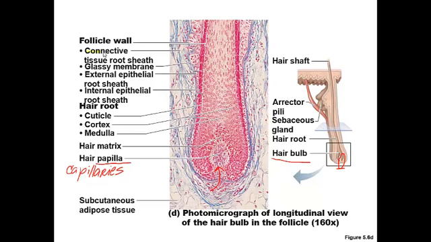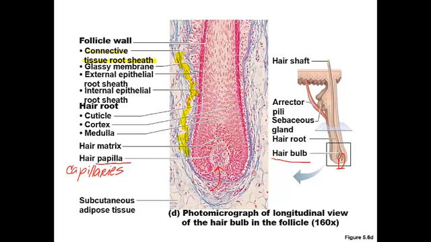This is the connective tissue root sheath, and this is going to be derived from the basal lamina area. It's going to surround the hair follicle itself, so it's this area that would be found right in here, surrounding the hair follicle.